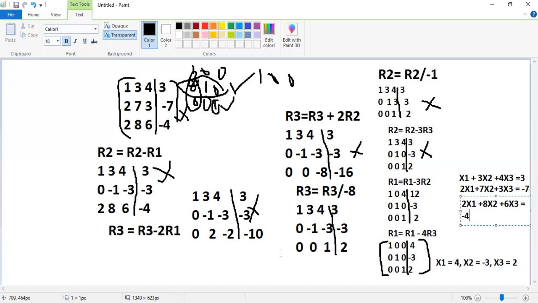So first, change the zeros below this pivot, that's the 1, first into zeros. Then work on row 3 first, row 2 second, and before you work on row 1. If it's 4 unknowns, we work on row 4 first. As you change the down figures to zeros first, and you work on row 4, row 3, row 2, row 1. You see, so that will help you limit your iteration. Also, it will make it less confusing.